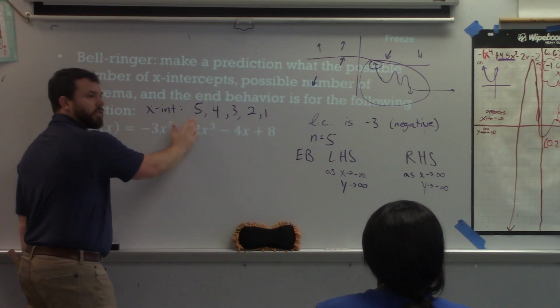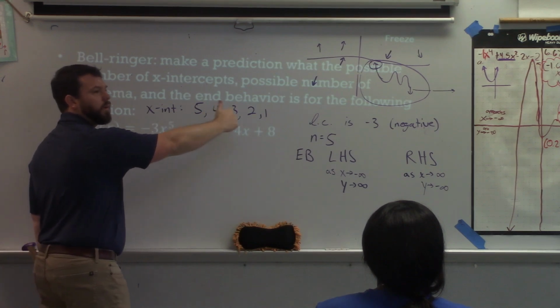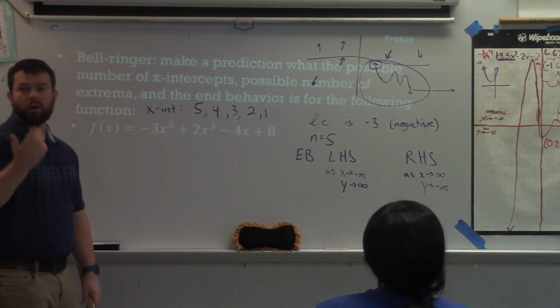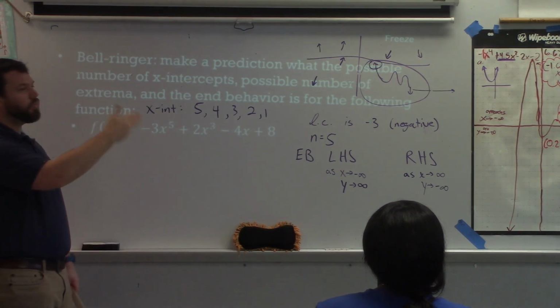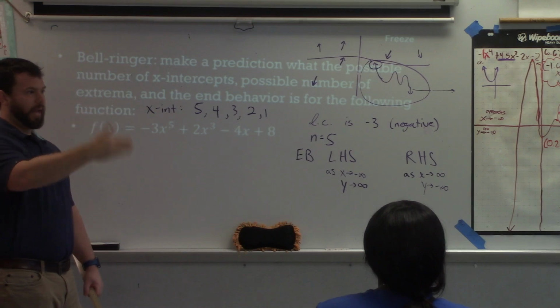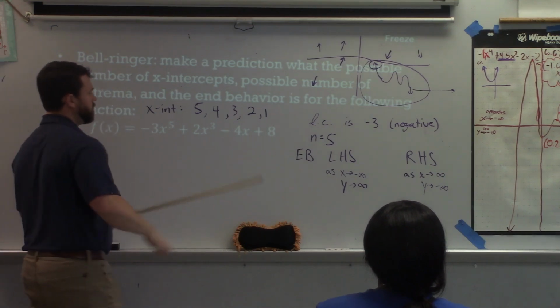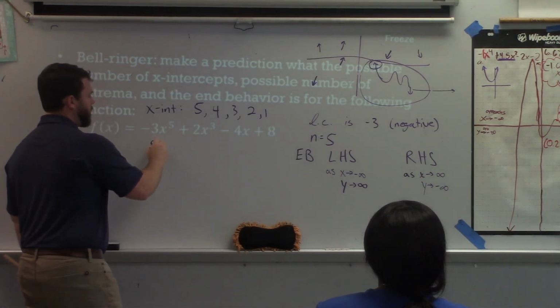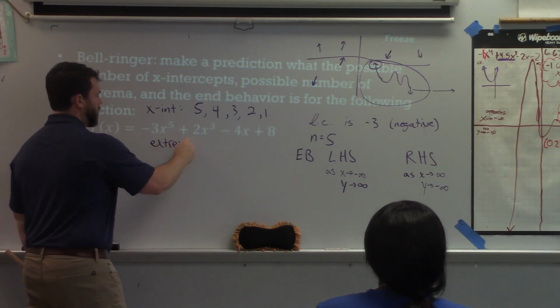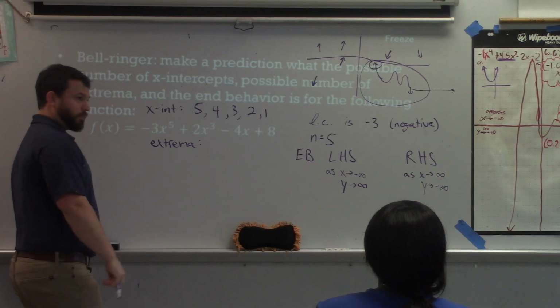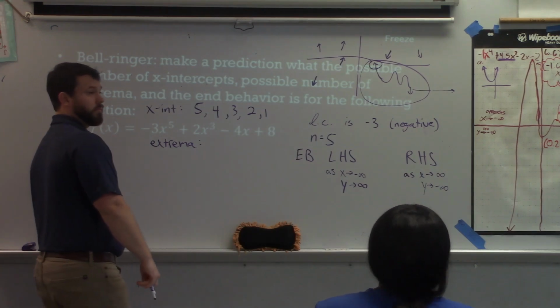Notice it's not just 5. Remember we said it's 5 or less. Some of y'all were doing 5, 3, 1 going in pairs, right? But what are you actually thinking about when we think about pairs?